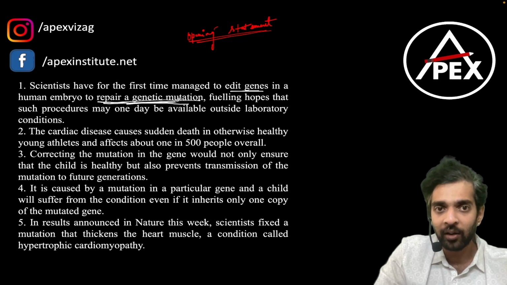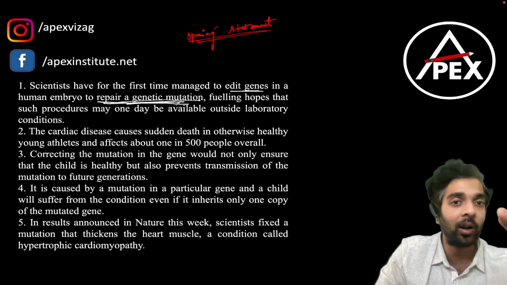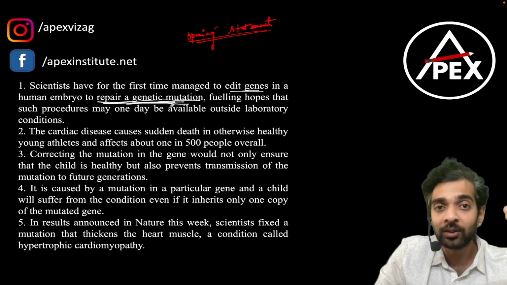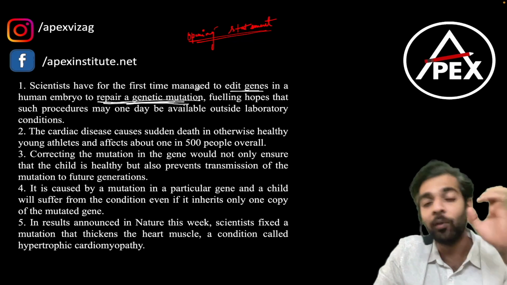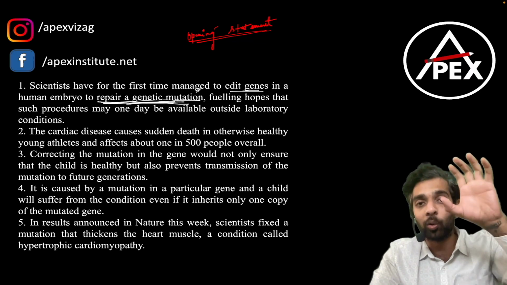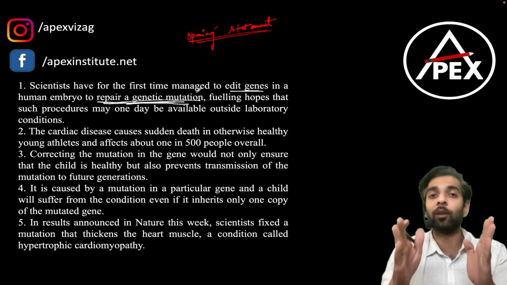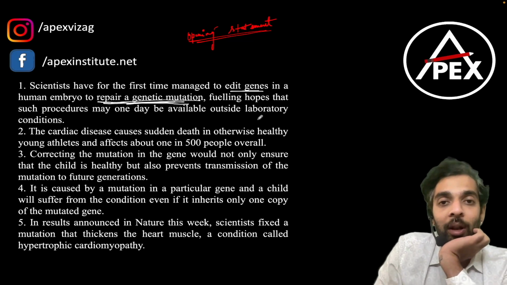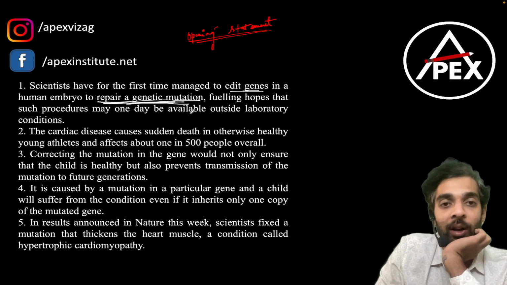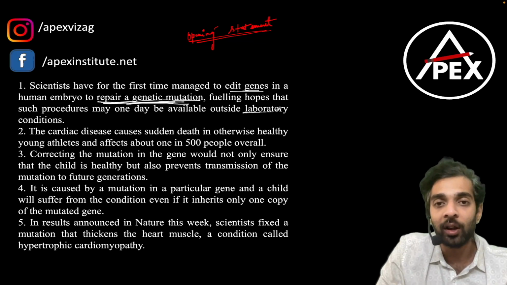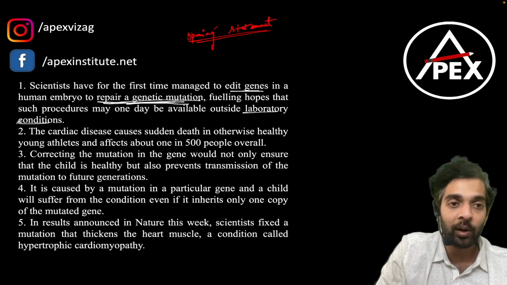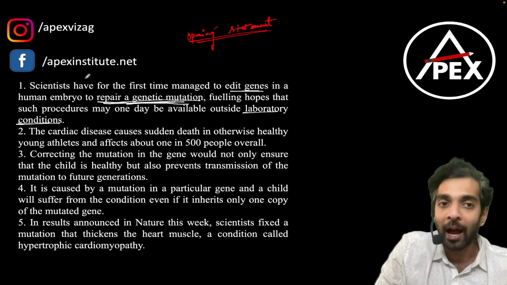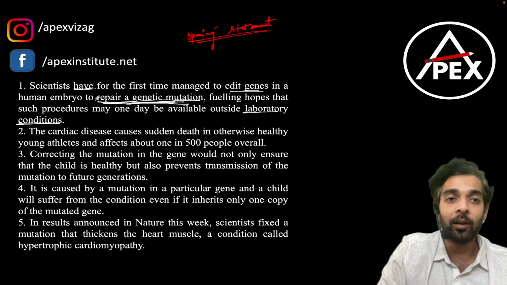Again, why am I not going into these words like genetic mutation? Because that's not really necessary. As long as we understand broadly what they're trying to do, we can make sense of the story. Once we have made sense of the story, then we'd go into it in full. So it's showing some kind of a future prospect also, and we know that scientists have done it now. So it's a present thing.